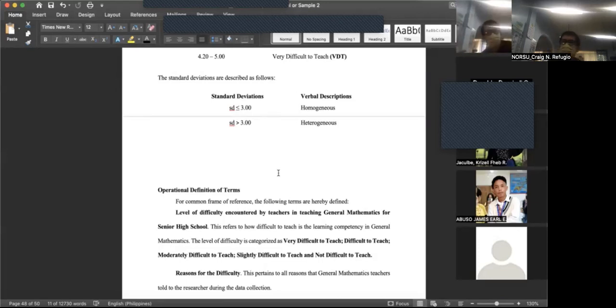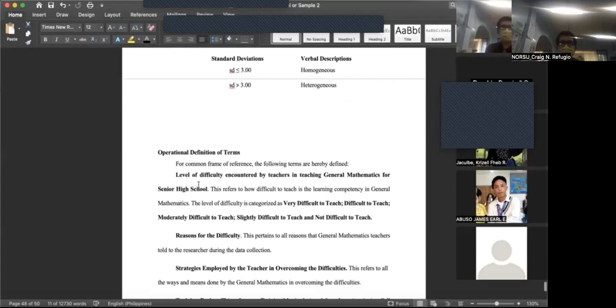So that's how you are going to define the terms. So we define level of difficulty encountered by teachers in teaching general math. But of course, when you copy, you're going to contextualize that one, by teachers in teaching whatever you have in your own research proposal. Do you follow?